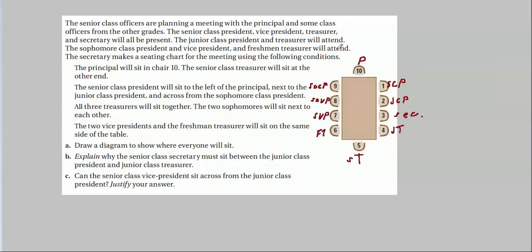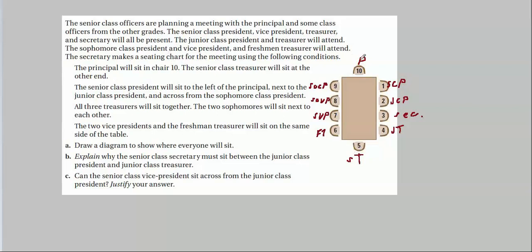Now here's how I would do it, one step at a time. Principal will be in chair 10, so we'll put a P right there for the principal. The senior class treasurer will sit at the other end, so there's ST for senior treasurer. Senior class president will sit to the left of the principal.